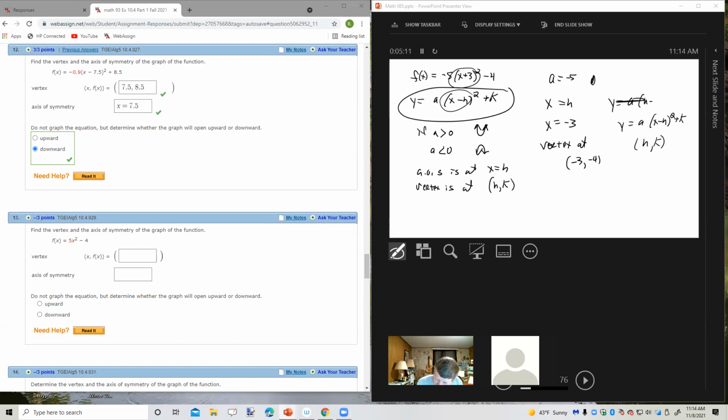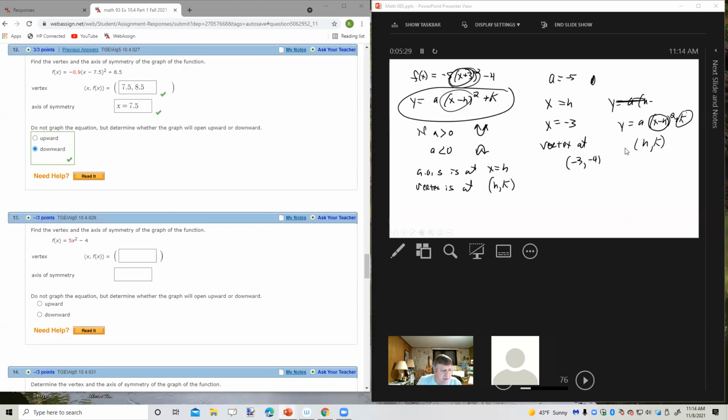It's the inverse of what's inside, and it's the obvious of what's outside. So if I've got x plus 3 inside, then I'm going to use -3 for h. Okay, thank you. And then k is going to be -4.